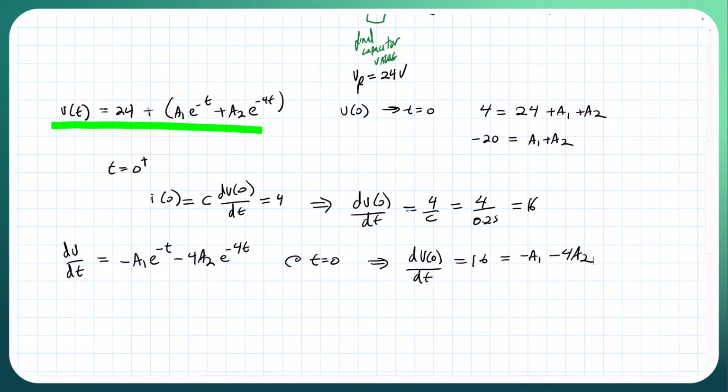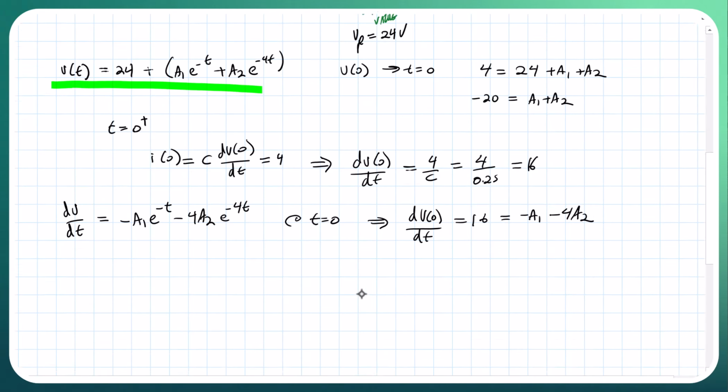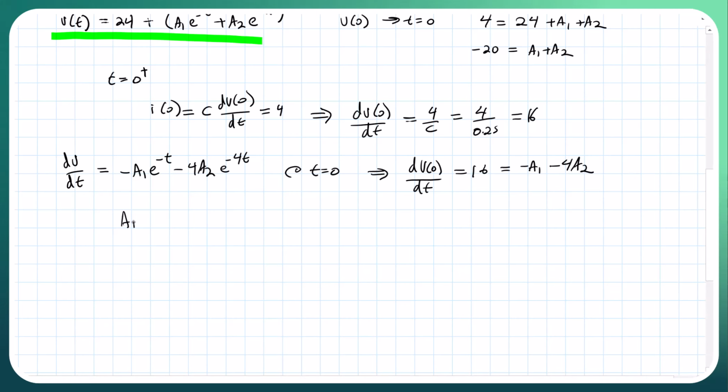Okay, and now we can solve for A1 and A2, and we get A1 equal to minus 64 over 3, and A2 is 4 over 3.